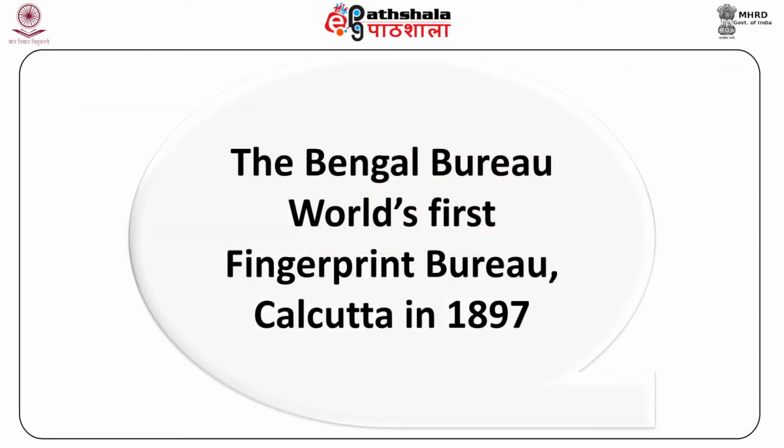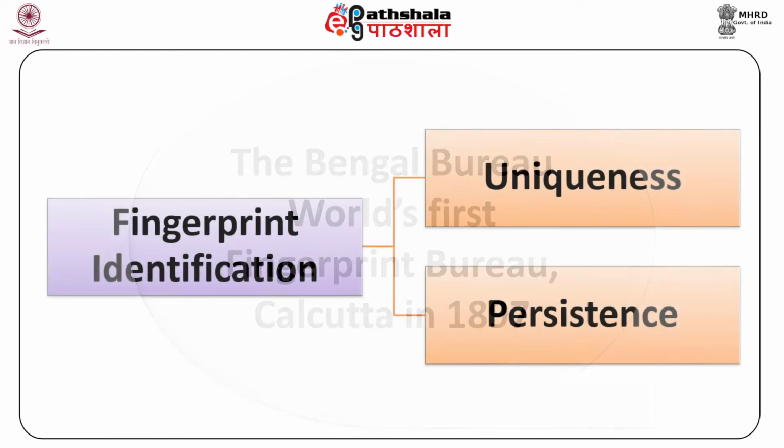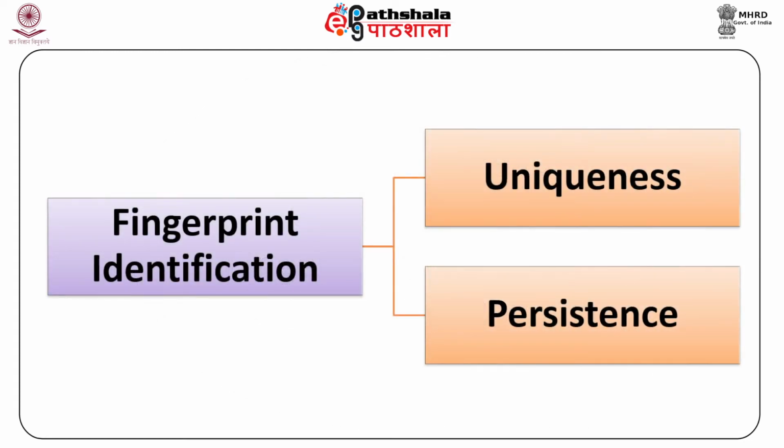The mathematical formula for classifying fingerprints was worked out in the Bengal Bureau, the world's first fingerprint bureau, established at Calcutta, now Kolkata, in 1897. The two underlying premises of fingerprint identification are uniqueness and persistence.